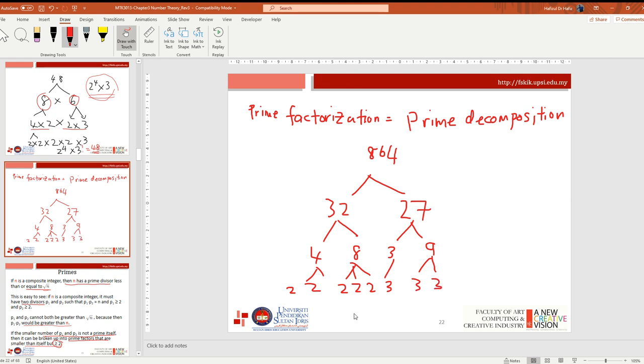Then we get 2 power of 5 multiplied by 3 power of 3, equivalent to 864.